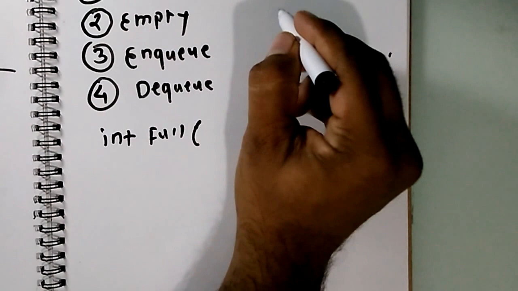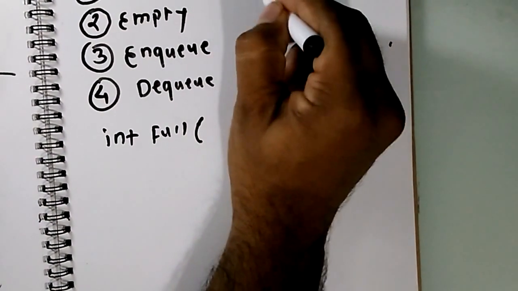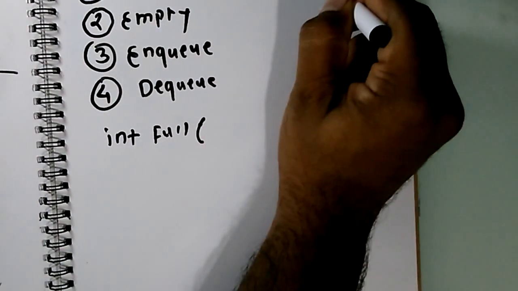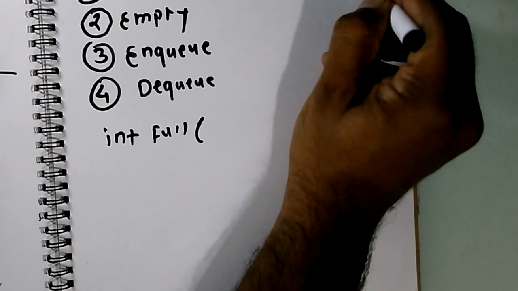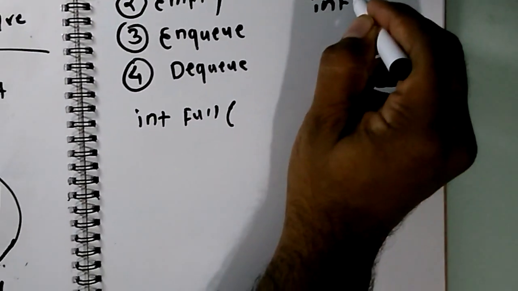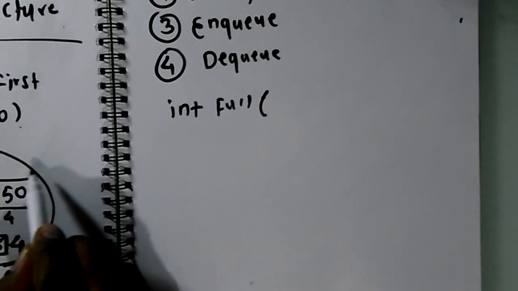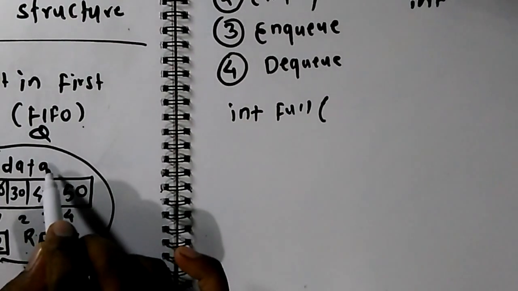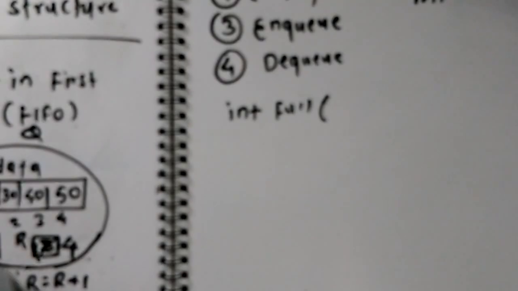So here is the structure which we require for this queue. Struct, int. This queue has 3 elements: one is this data array, another is this f, and this r.